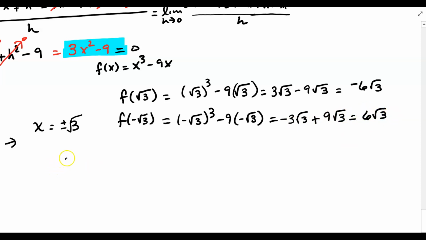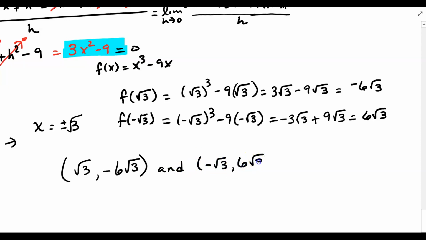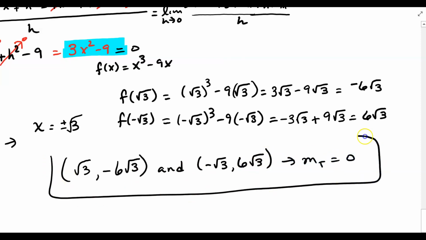So my 2 points where I have a slope of the tangent equal to 0 are the square root of 3, negative 6 square root of 3, that's my x and my y, and negative square root of 3, and a positive 6 square root of 3 for the y. And this is where the slope of the tangent equals 0. So that's where it has horizontal tangents.